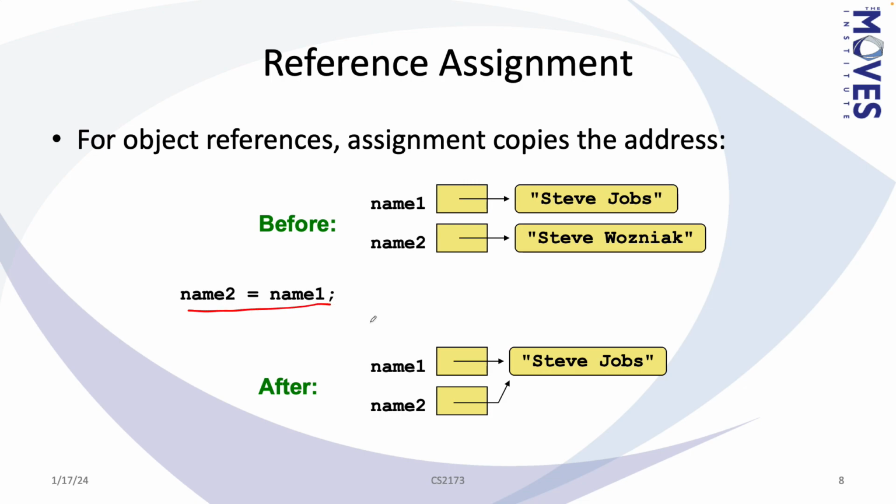But now look at what happens if we say name2 is equal to name1. Now the same thing happens as before with the primitives. That is, we take the value in here and it gets put in here. But what does that do now? These two references now literally have the same value, but what is that value?